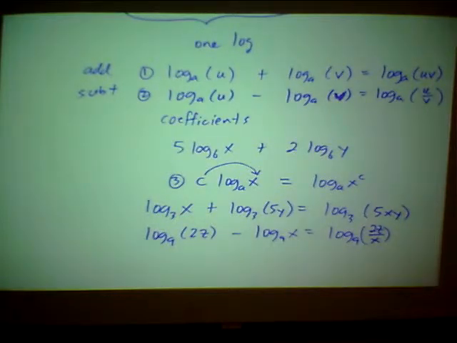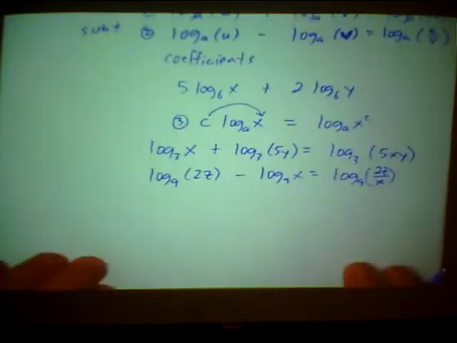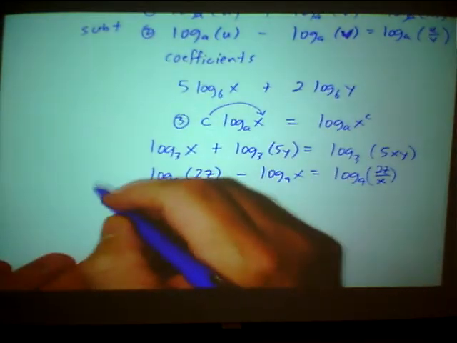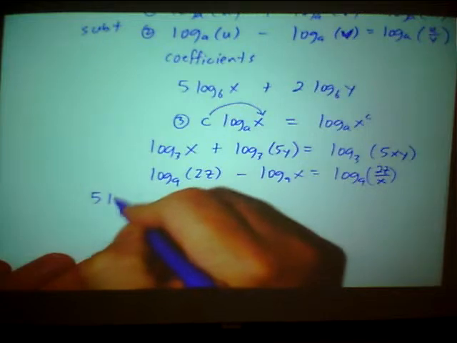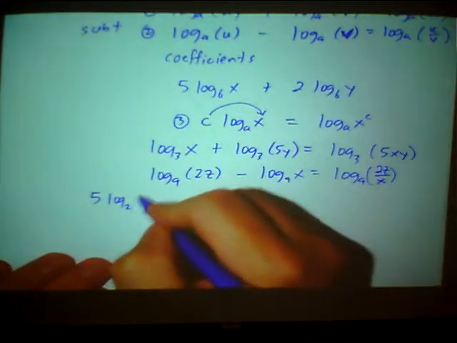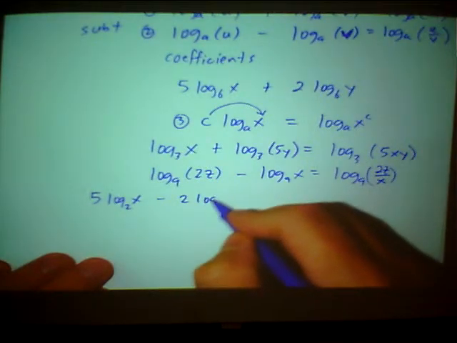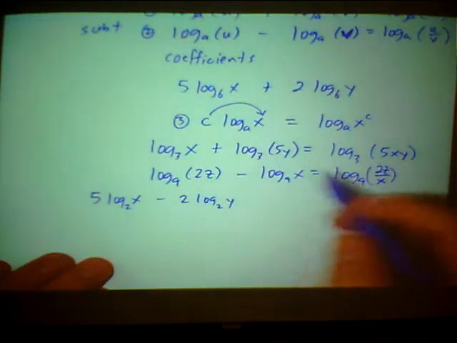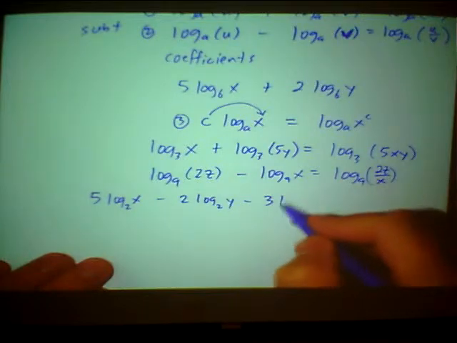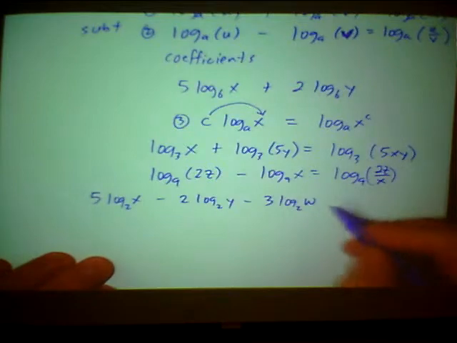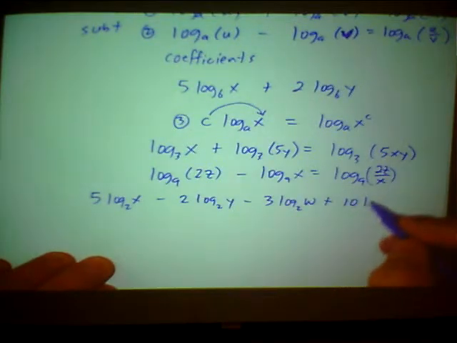Now let's combine that with this whole idea of coefficients and see what we're going to do. Because in this case, let's look at this one. 5 log base 2 of x minus 2 log base 2 of y minus 3 log base 2 of w plus 10 log base 2 of z.